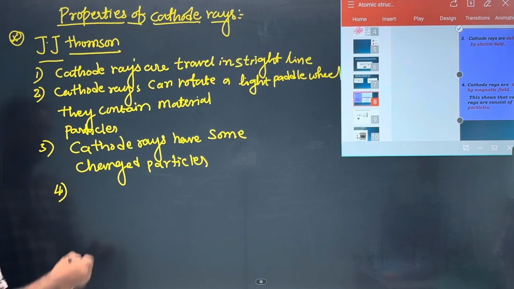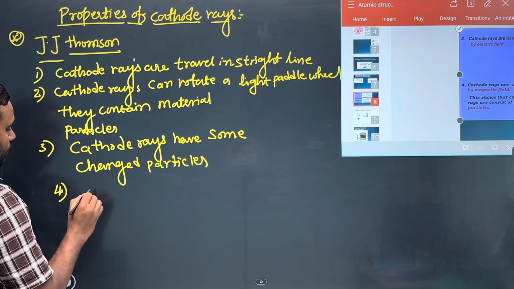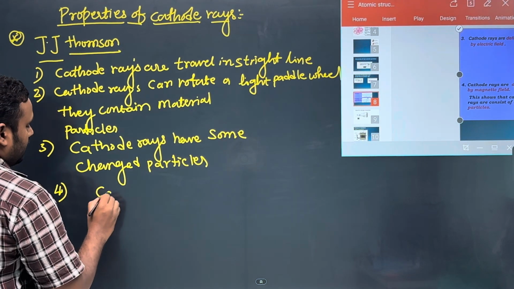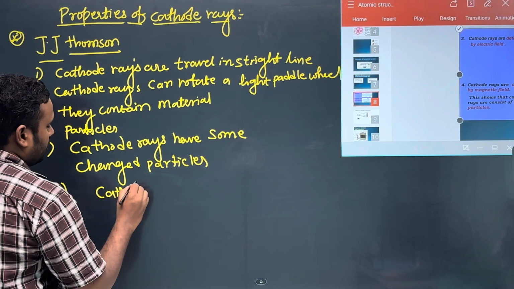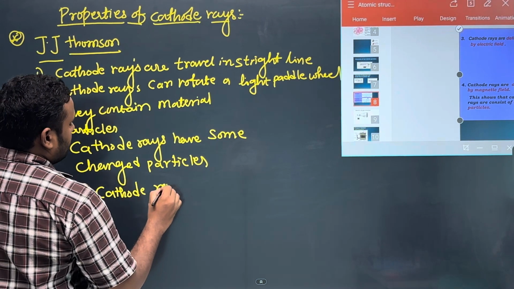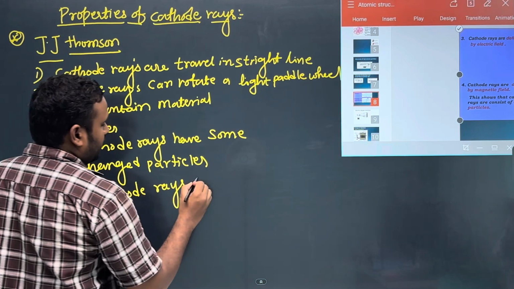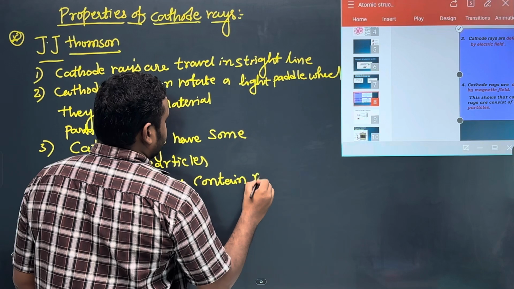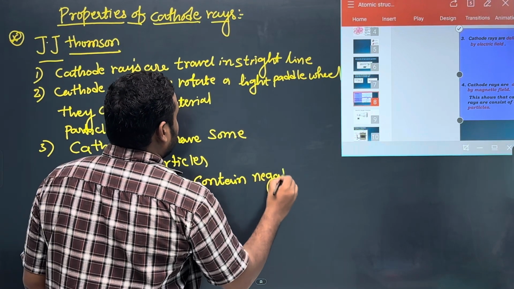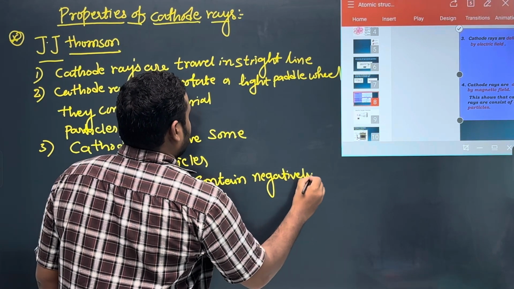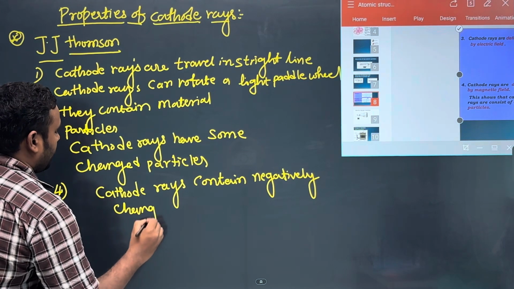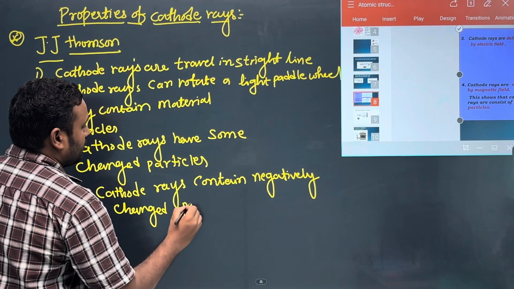Here, what did J.J. Thomson conclude? Cathode rays contain negatively charged particles.